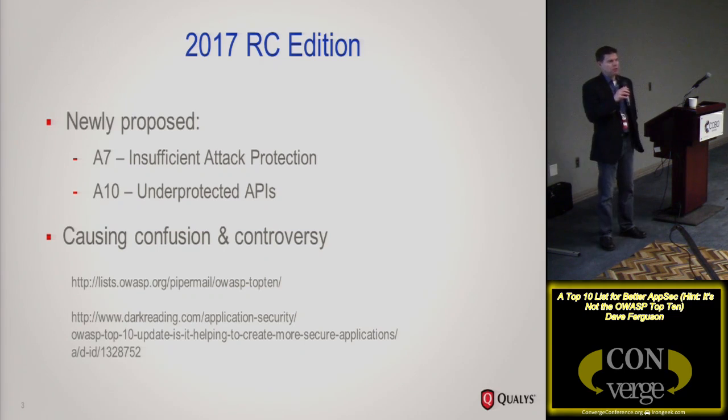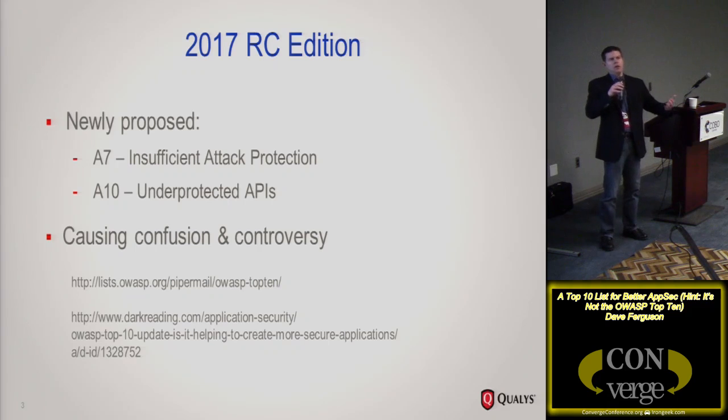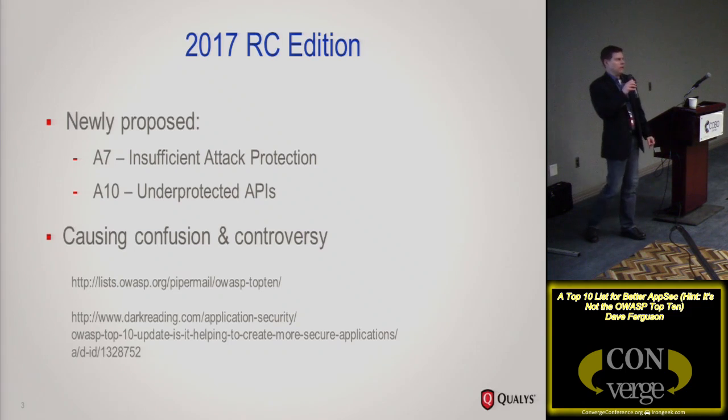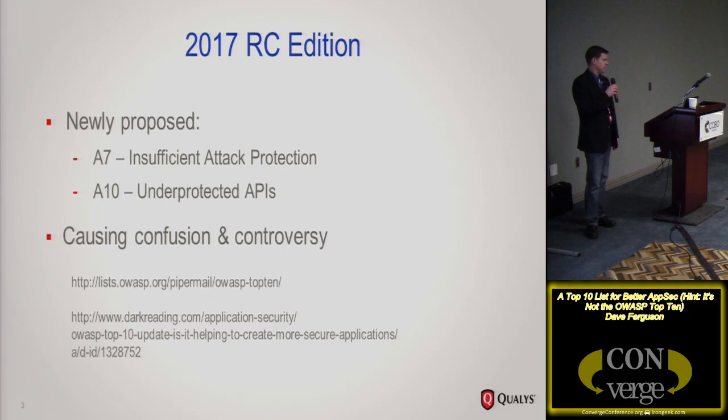Specifically, anyone who has a product that includes runtime application self-protection or web app firewall, anything that protects the application. If there's a product out there that fits that or protects against A7, they're going to benefit greatly if that gets added to the OWASP top 10. So that's one of the pieces of controversy out there.